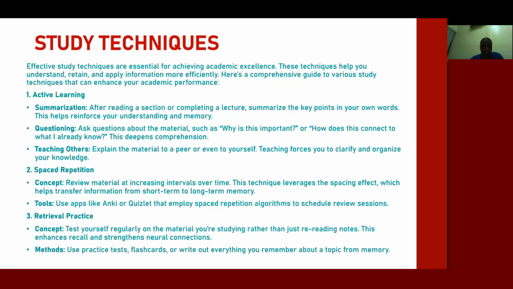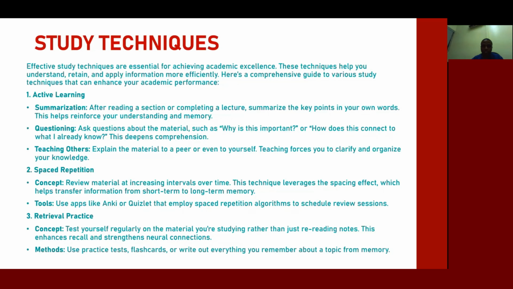There's the retrieval practice, and this is testing yourself regularly on the materials that you have been studying, reading the notes as a student, and this will enhance the recall and the strength of neural connections. Because if you read something without practicing, maybe through questions, through challenging quizzes, your brain will always tell you that you have understood everything.